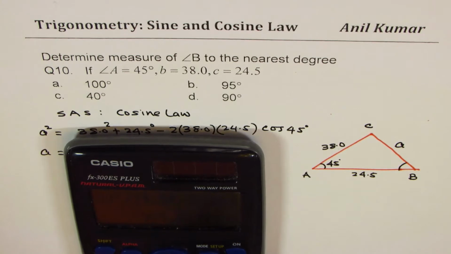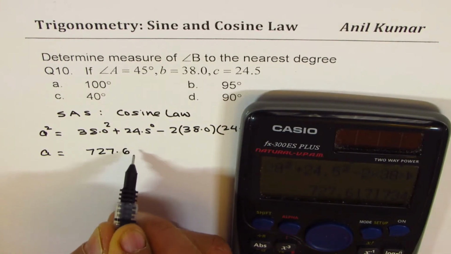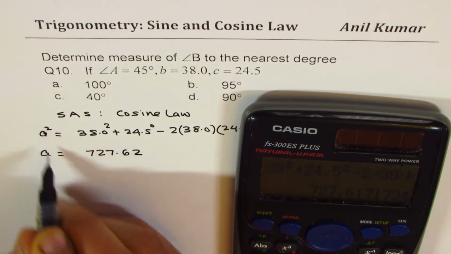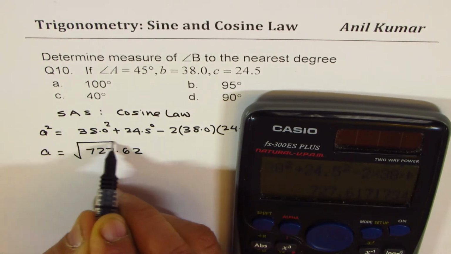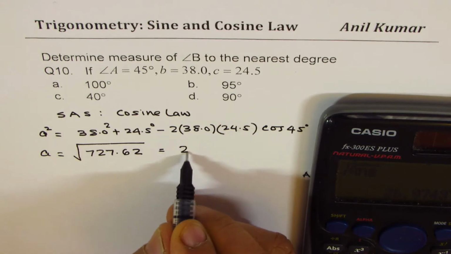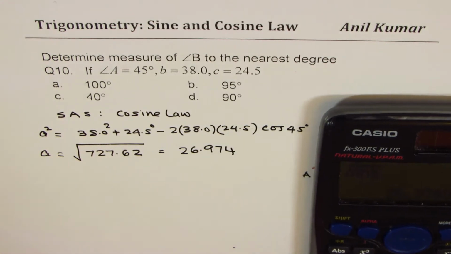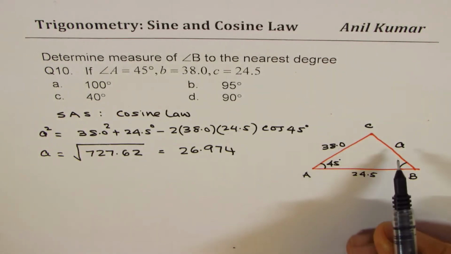And that gives you 727.62, let's say. So that is A square. If I square root this, I get my answer for A, which is 26.974, right? So that becomes the side A.